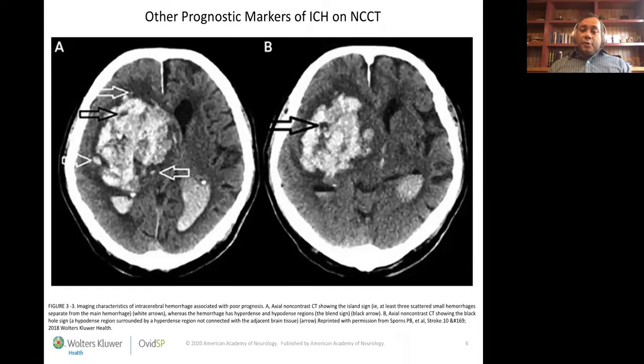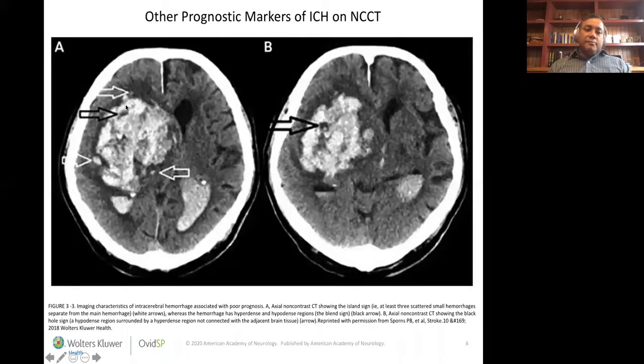But there are some other prognostic markers of ICH that are identifiable on the non-con CT that are recently published. If you look at this scan here, the panel A on your left, you see these little islands on the periphery marked by those white arrows. That's the island sign.